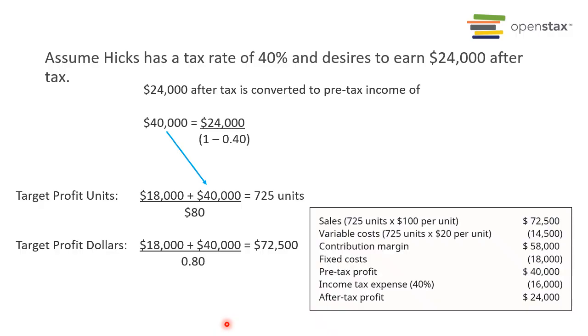Hicks has a 40% tax rate and desires to earn $24,000 after taxes. 24,000 divided by 0.6 gives us a $40,000 pre-tax income. Then we bundle that with the fixed costs and recalculate.